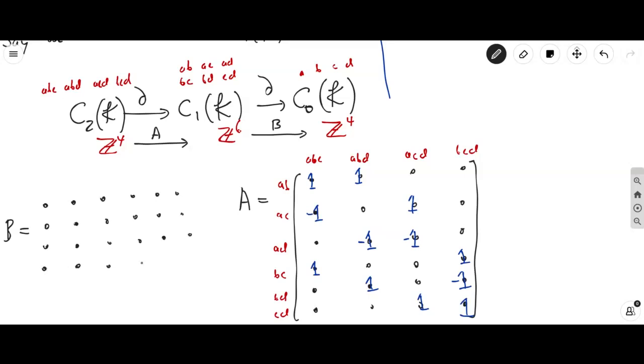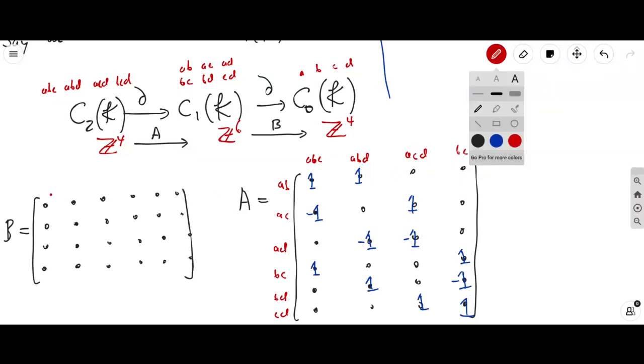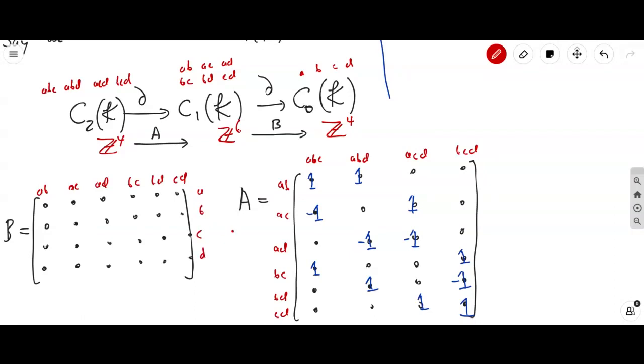This one's going to go a little bit differently, but it's the same idea, that the numbers going across the rows will be your basis elements, and the numbers going down, these would be the basis elements over here. So A, B, C, and D.